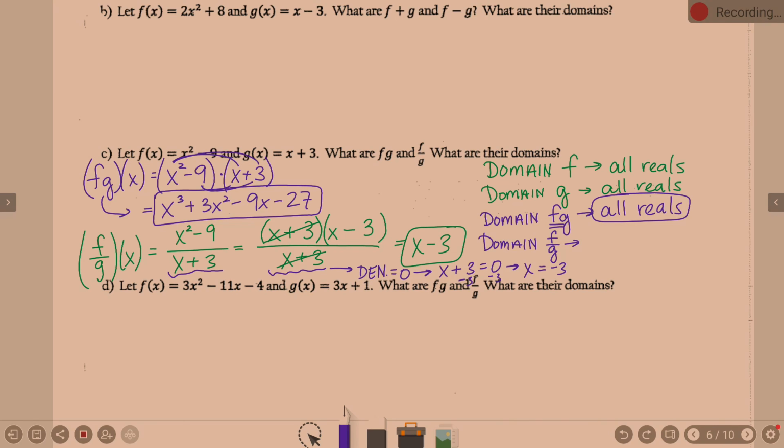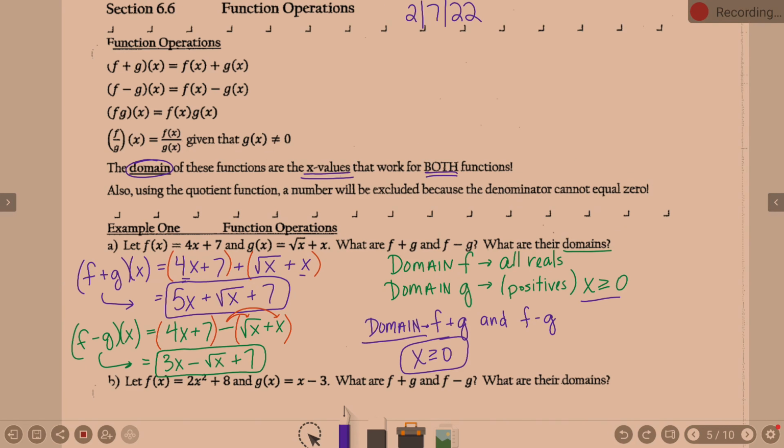And guess what that is? x can actually not equal negative 3. So that's an exception there. And so what I'm going to say for my domain of f divided by g, it's all reals except what value? Except x cannot equal negative 3.